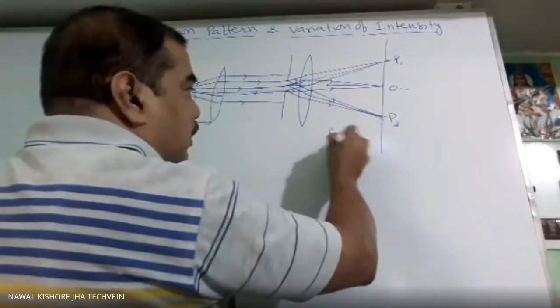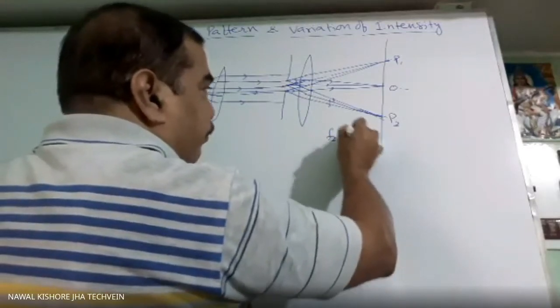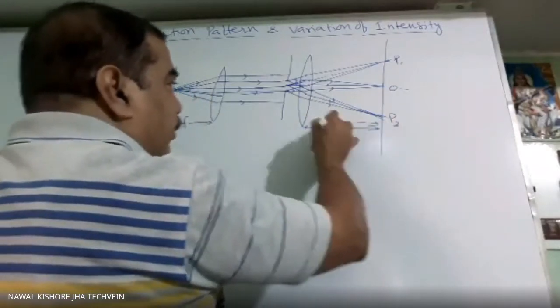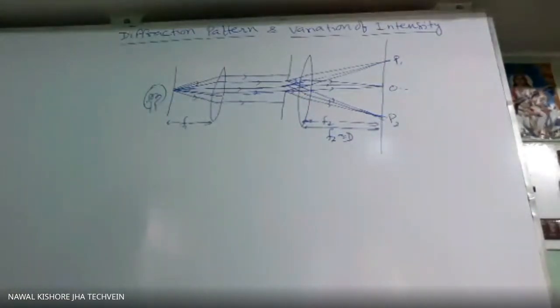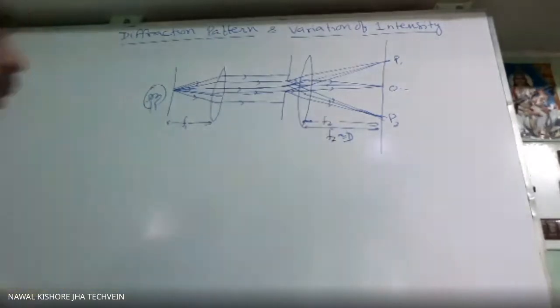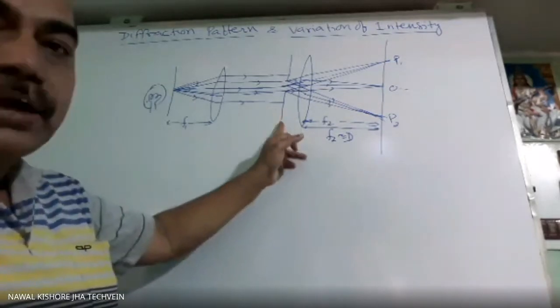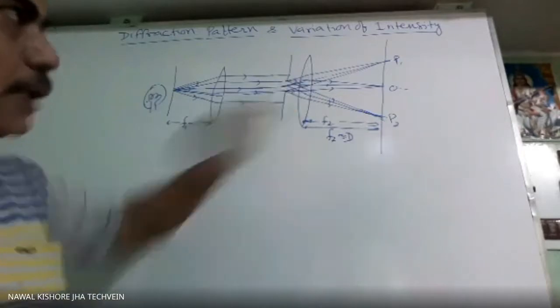So this distance is approximately d. Actually, this is up to only focal length, and the lens is placed very close to the slit. So this distance is approximately capital D, which is the distance between this diffracting slit and the screen. So this is the experimental arrangement.